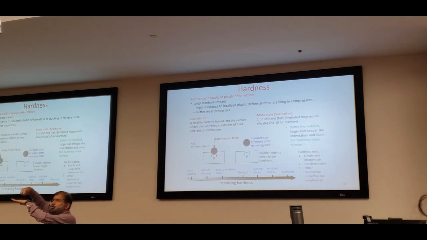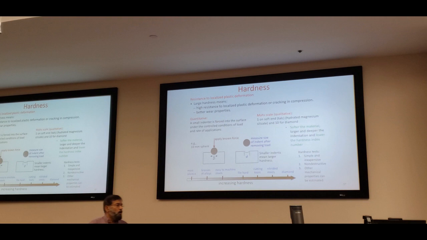You apply a force using that indenter onto the surface to be tested, and you measure either the depth of the indent made by the indenter, or, if you use a ball or spherical indenter, you determine the diameter, the variation in the diameter of the indent made on the surface.